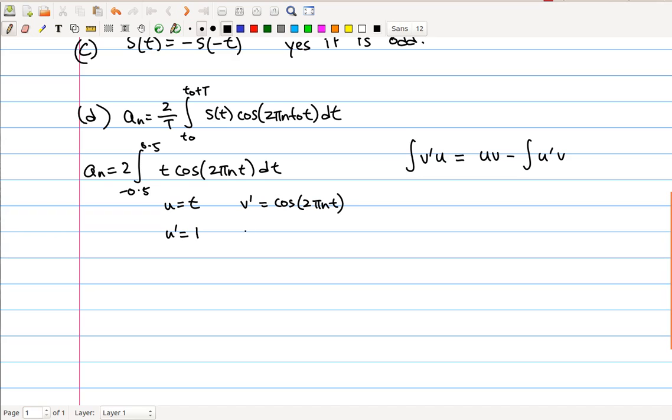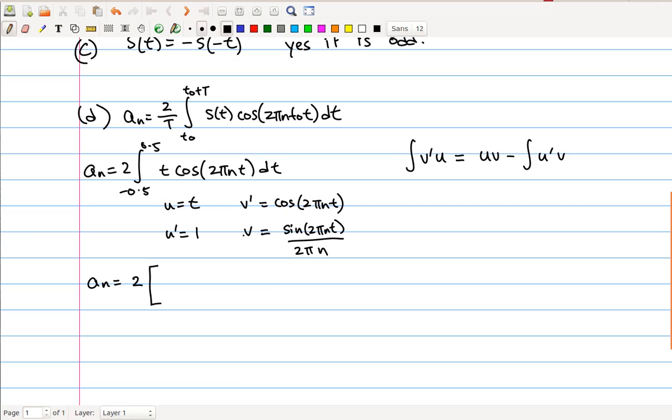And then here we're going to integrate. So a cos goes to a positive sine, but we have to take the derivative and divide by the derivative of the inside. Okay, so that is my v. Alright, now going ahead with integration. So first I have to write u times v, so I'm going to write my 2 here.